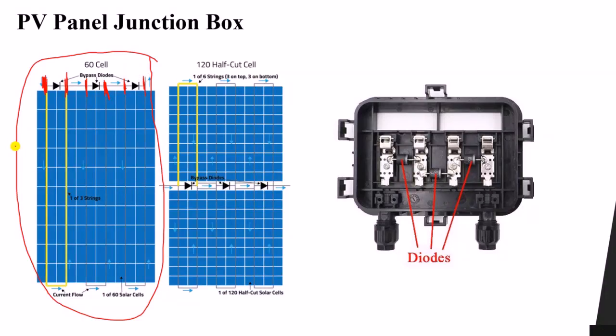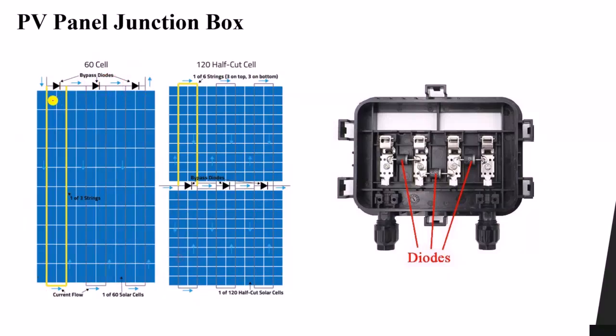If you look carefully here, you can see that the first diode connects between 2 bus bars. The second diode connects between this bus bar and this bus bar here. This diode connects between 2 bus bars. So it connects between 2 lines of cell strings, and here two more strings.